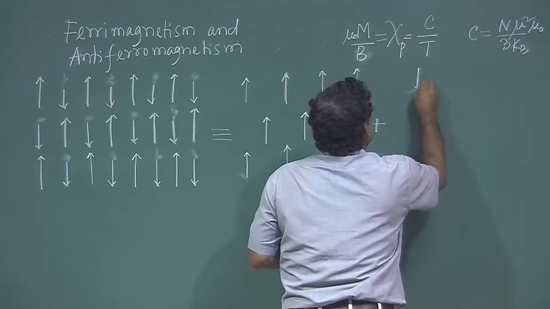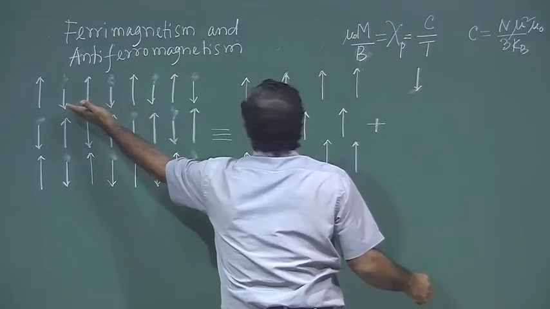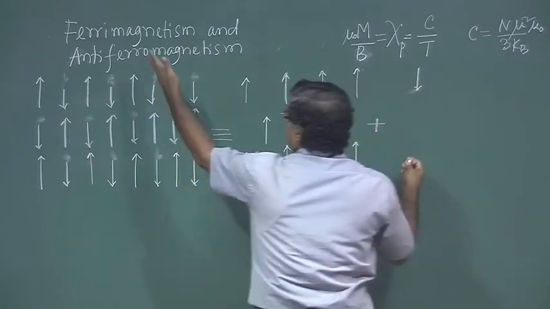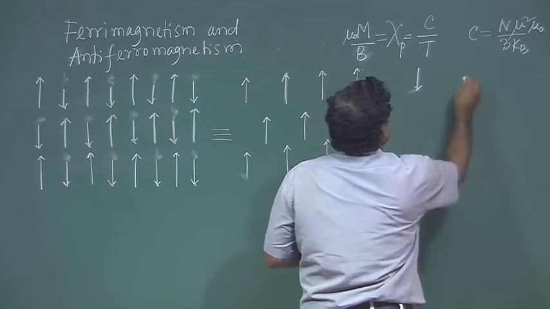If it is antiferromagnetic, the length will be the same. For ferrimagnetic this length will be smaller, but the arrangement is the same.